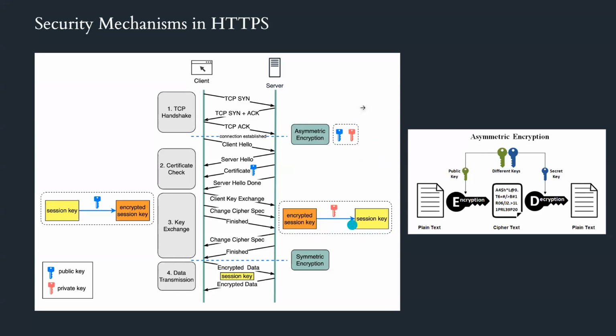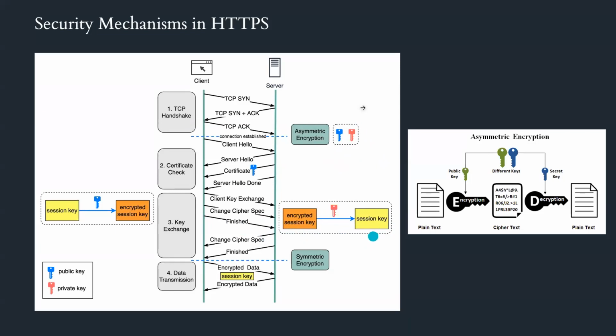So after doing so, the server will be able to generate the session key, the original session key that was shared by the client, right? So after that, now both the client and the server hold this session key.